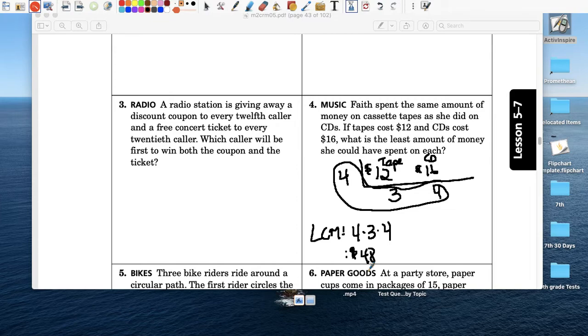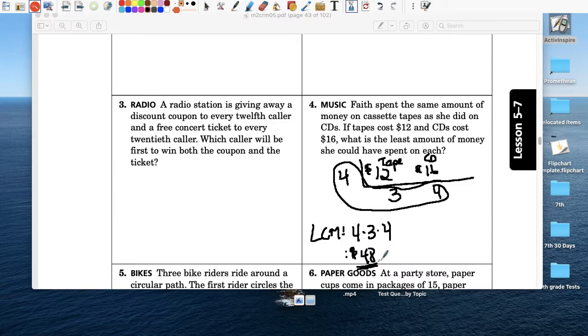What's the amount of money she's going to spend on each? Where's the question? Hang on a second. Right, so the answer is 48.